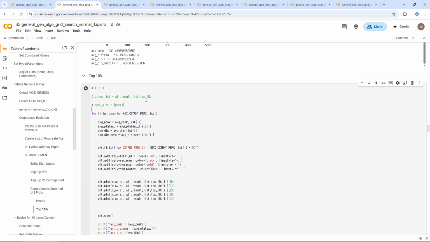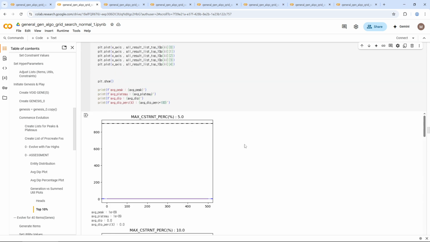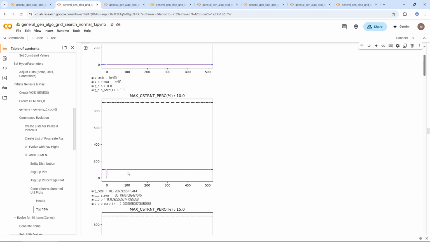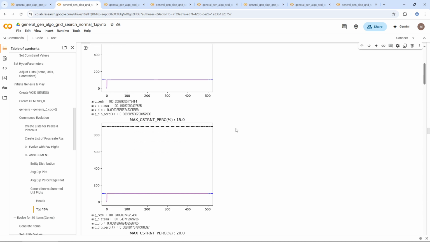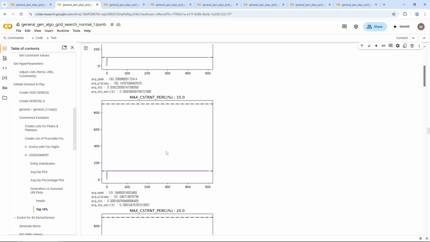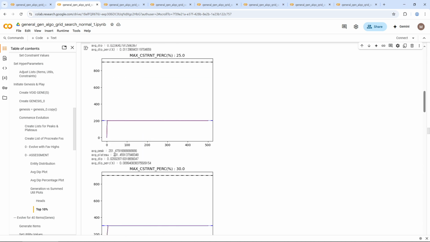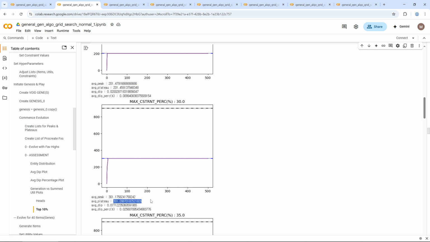So here are the plots for the top 10%. Again, nothing there, because, well, at 5% there isn't a lot of room for the entities to grow, and at 10% we start getting some progress, 15% slightly more progress, and the average plateau being 100, average plateau being 101, average plateau being 200, 201, 300.